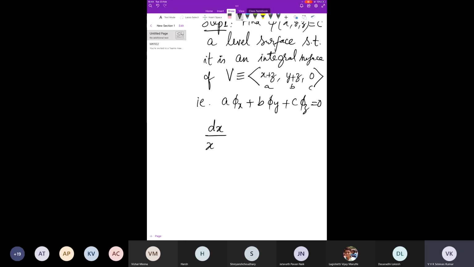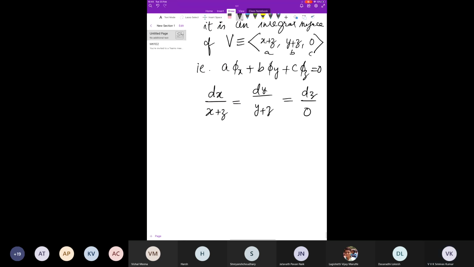We will write the common ratios like this: dx upon x plus z, dy upon y plus z is equal to dz upon 0. So take the last expression.